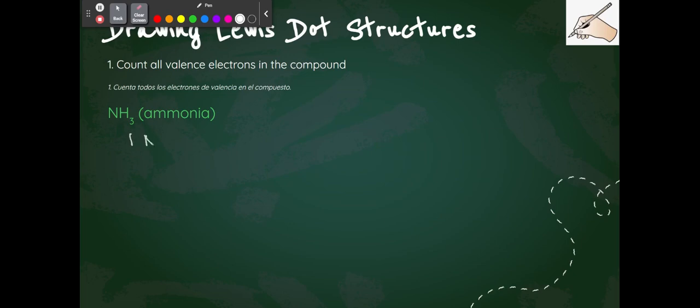If we were to look at the periodic table and count the valence electrons of 1 nitrogen atom, you would see that it has 5 valence electrons. And I'm going to use e minus to represent an electron. We have 3 hydrogen atoms.